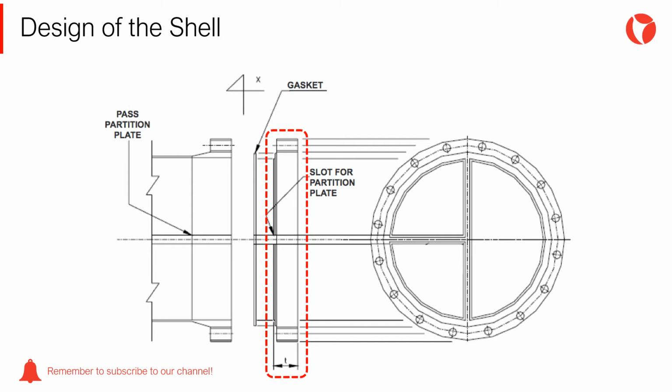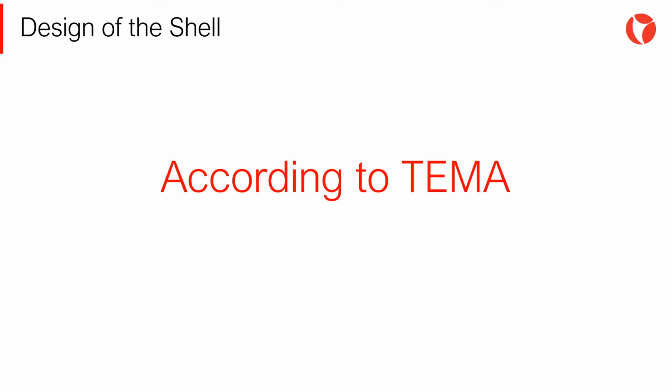Both procedures determine the flat cover thickness using the same principles and arriving at similar results. Depending on the client and project requirements, one of these two design codes is applied. Let's review the proposed equations by the TEMA code for flat covers.